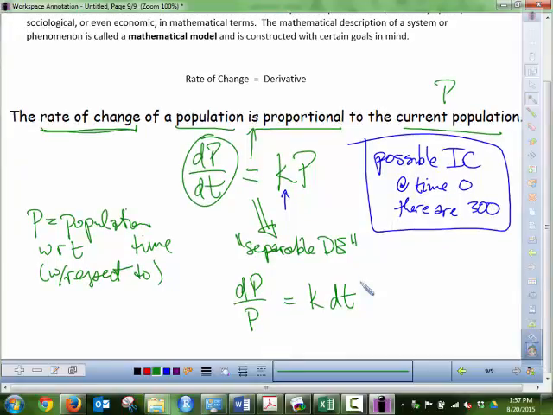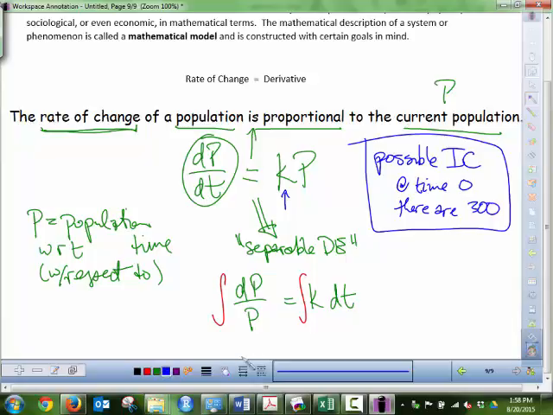So in doing so, we have successfully separated the variables, and that's why it's called separable. And then now, if we integrate both sides, they have their differentials ready to be integrated as well. So I'm integrating the left-hand side with respect to p, and I'm integrating the right-hand side with respect to t. Okay?